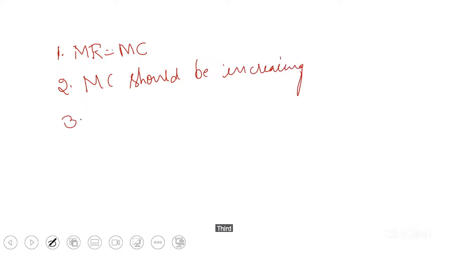Third one, MC should cut the MR curve from below.